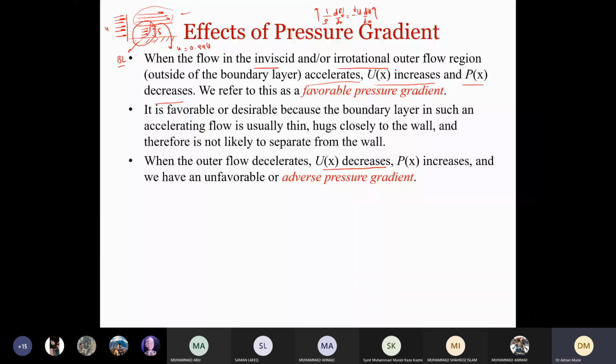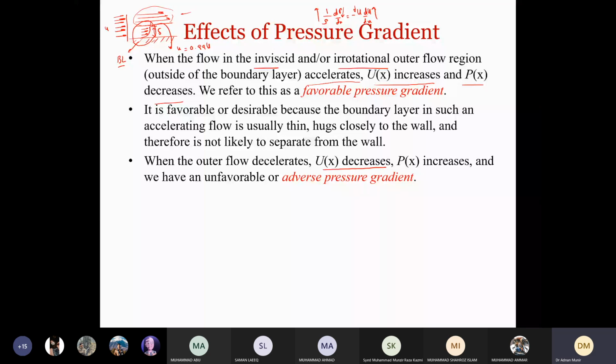Inside the boundary layer, it is opposite to that outside the boundary layer. Inside the boundary layer, because of the dominant viscosity effects, u_x decreases and p_x increases, and we have an unfavorable, or in other words adverse, pressure gradient, which is increasing, right? So this is the difference between favorable and adverse.